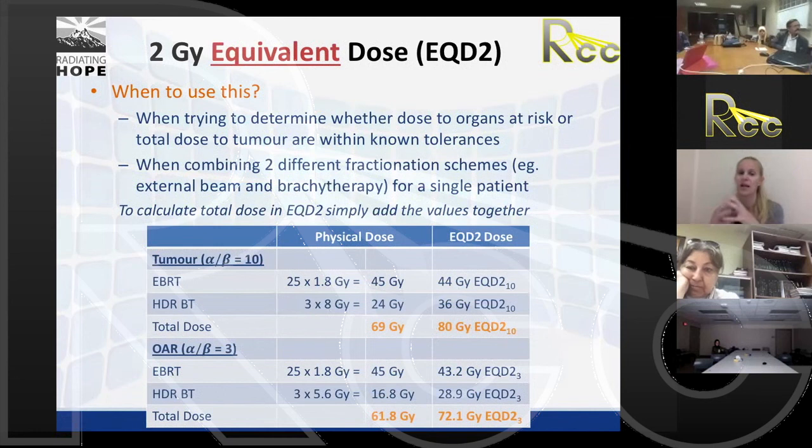So we're then saying our tumour is getting effectively 80 gray in 2 gray fractions. For our organs at risk, it's the same scenario, but obviously the EQD2 values are going to be different.